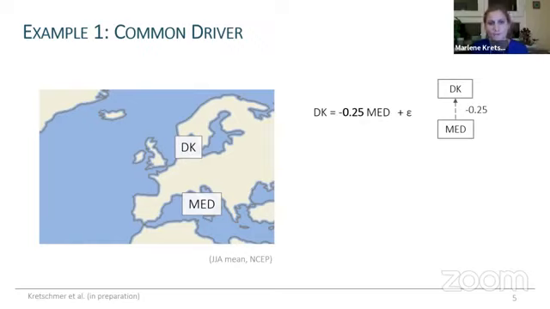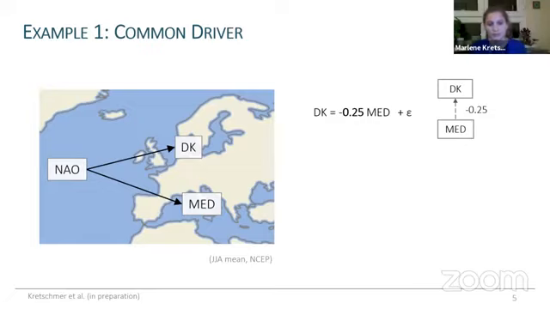0.25. But of course, as climate scientists, we wouldn't interpret this causally, because we know from different lines of evidence that precipitation in both regions is affected by the position of the North Atlantic storm tracks, for example expressed by the North Atlantic Oscillation index.